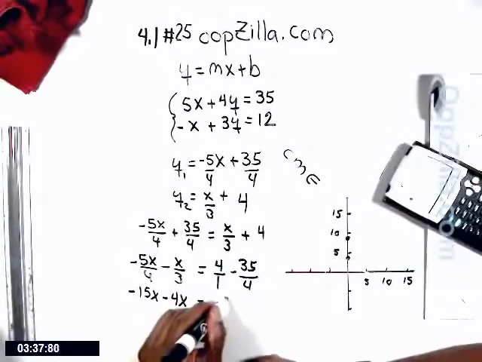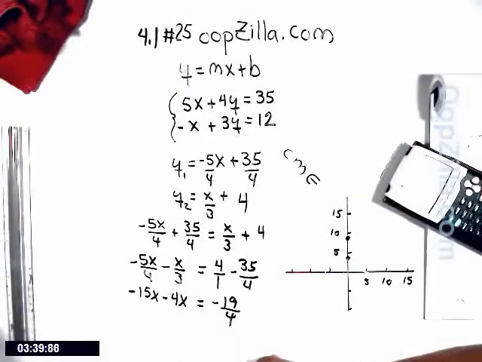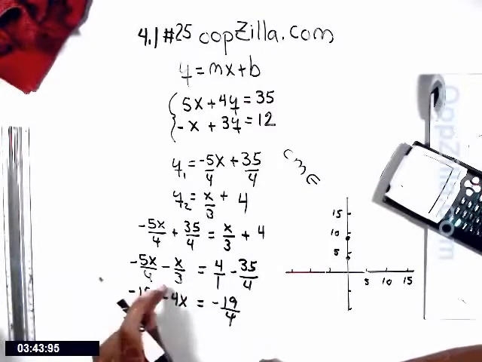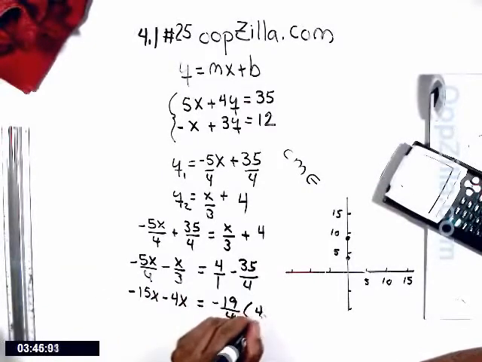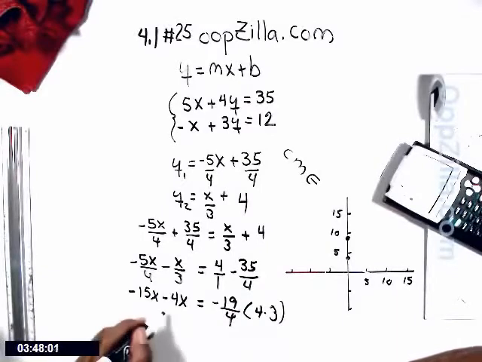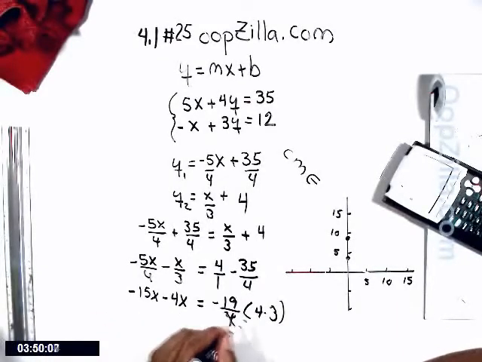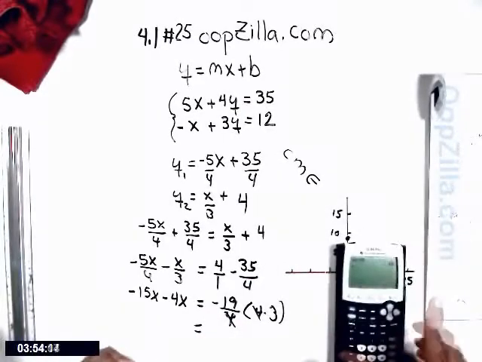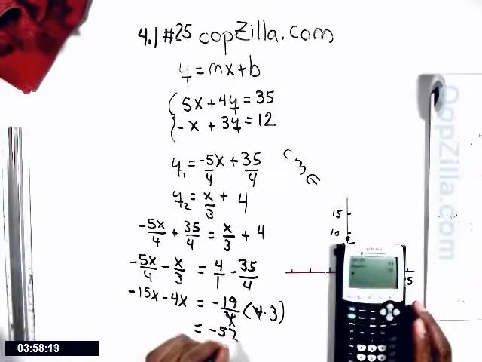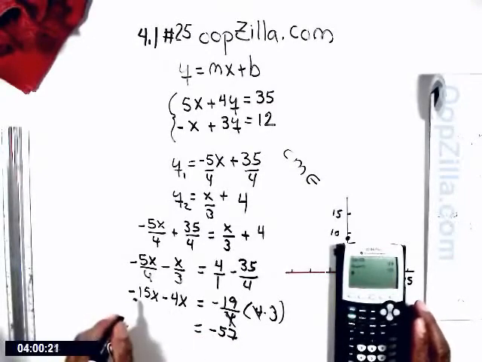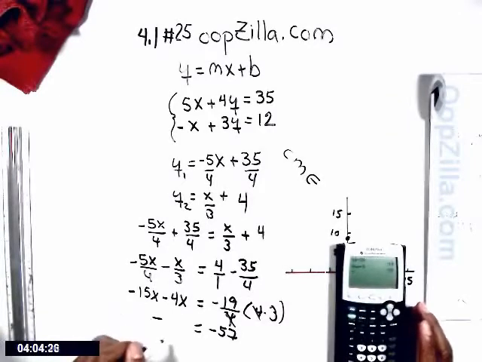Minus 19 over 4. Now I need to multiply this side over here by these guys, because that's a 4 times a 3. And this here stays the same. So these are going to cancel and give me 19 times 3. So what's 19 times 3? Minus 57. So now I'm going to have this guy over here become minus 19x.